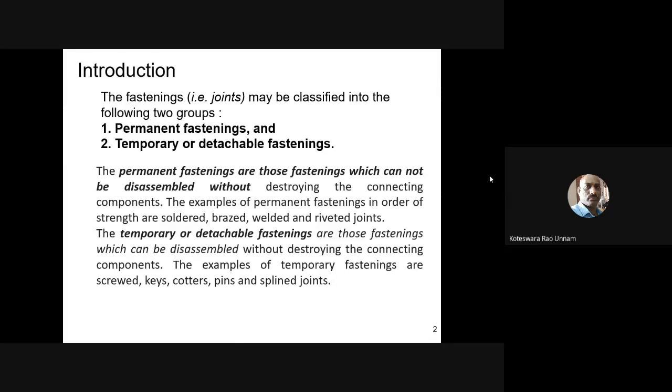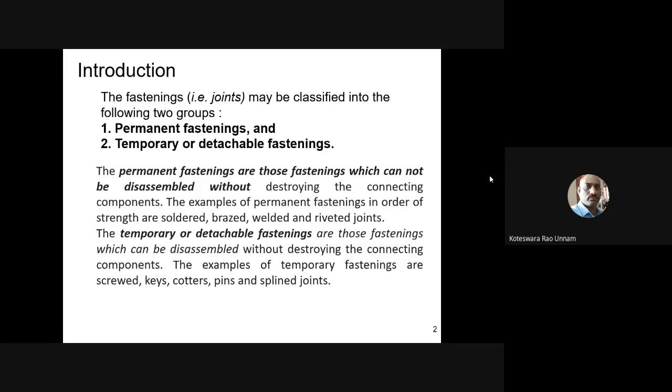The examples of permanent fastening are riveted joints, and similarly welded joints. Those are the permanent fastenings or permanent joints. Coming to temporary joints, if you take bolted joints, I am able to disassemble them simply by unlocking the bolt or nut joint, without destroying the components.